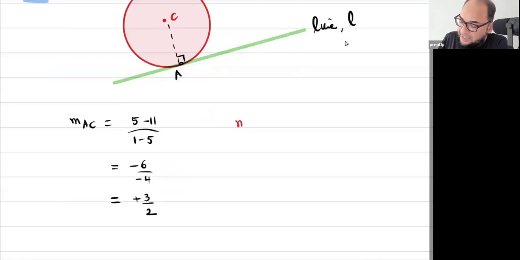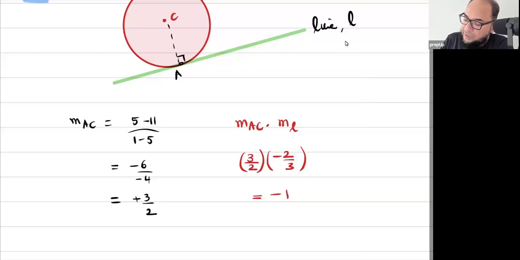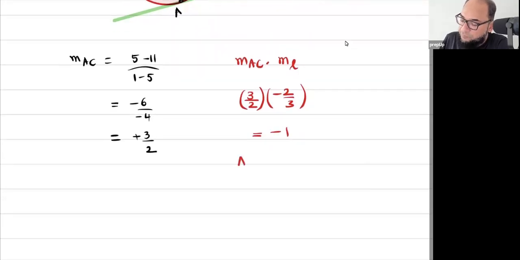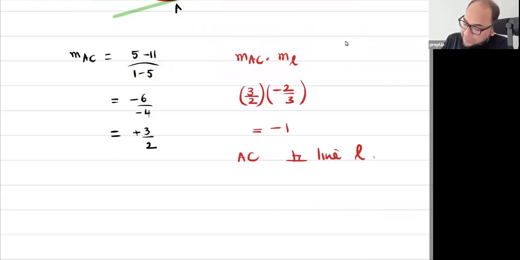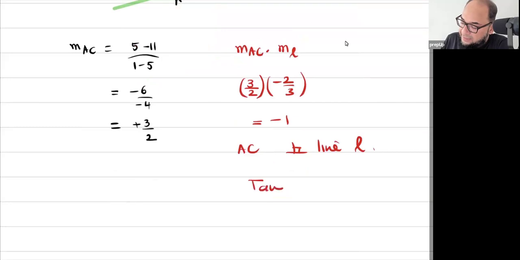That means gradient of AC into gradient of line L, that is positive 3 over 2 into negative 2/3. It multiplies to give you negative 1. That means we have proven the fact that AC is perpendicular to line L. That means, yes, it's a tangent to the circle at A.